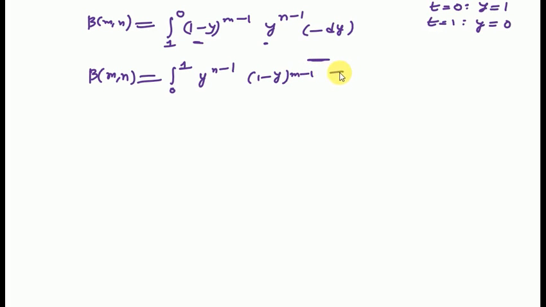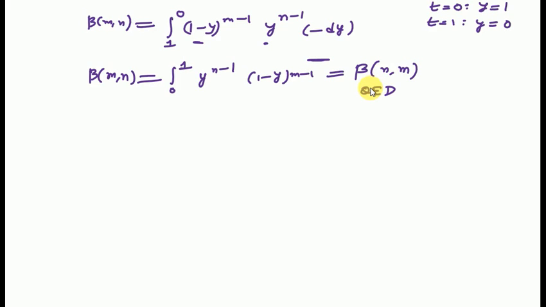So clearly this is again the standard definition of beta function, with n minus 1 in place of m minus 1, and m minus 1 in place of n minus 1. That's it. So very easily proved, quite easily done.